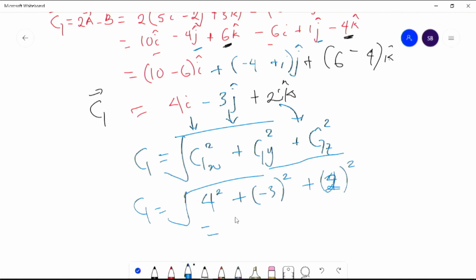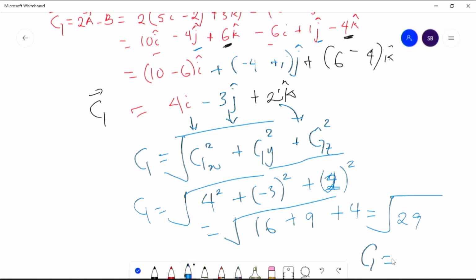This is going to give me the square root of 16 plus 9 plus 4. The square root of 16 plus 9 is 25, and adding 4 this is going to be 29. And what is the square root of 29? So here my final answer is 5.39.